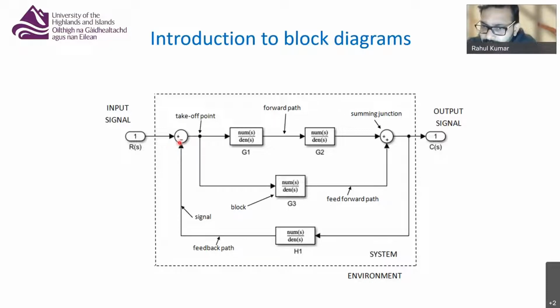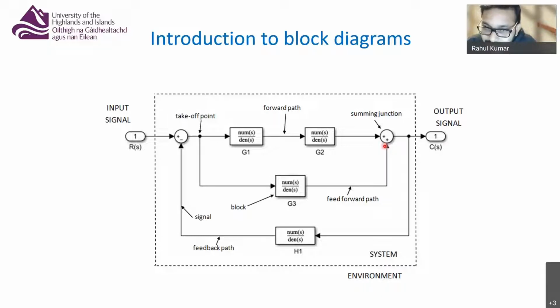As we have already discussed in the previous classes, this circle with a plus and a minus is your summing junction. Signals can either be added or subtracted using this summing junction. In this summing junction, you can see you have two positive signs, which means the two signals are being added together.